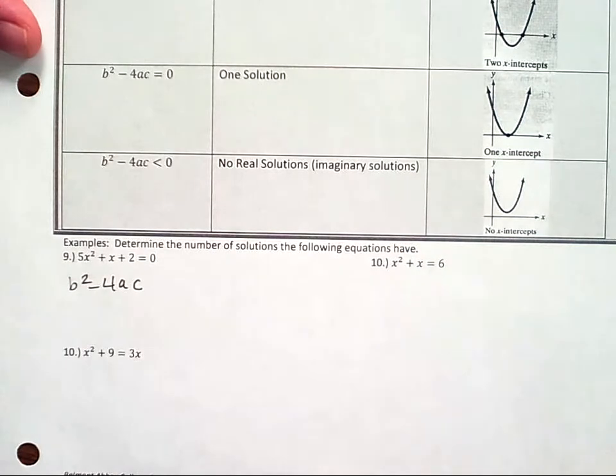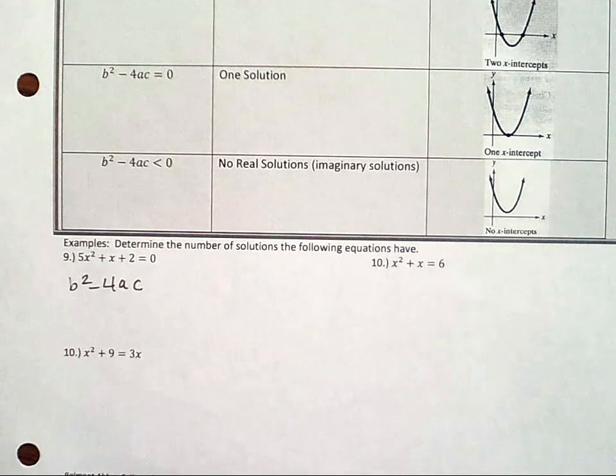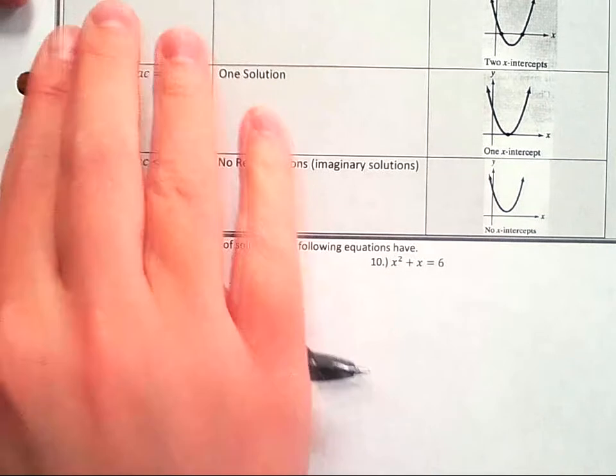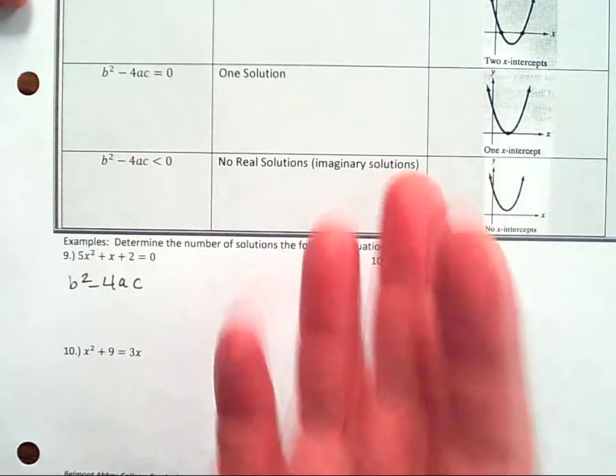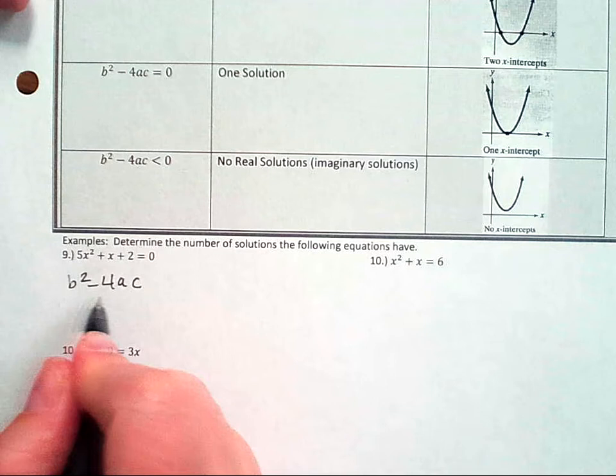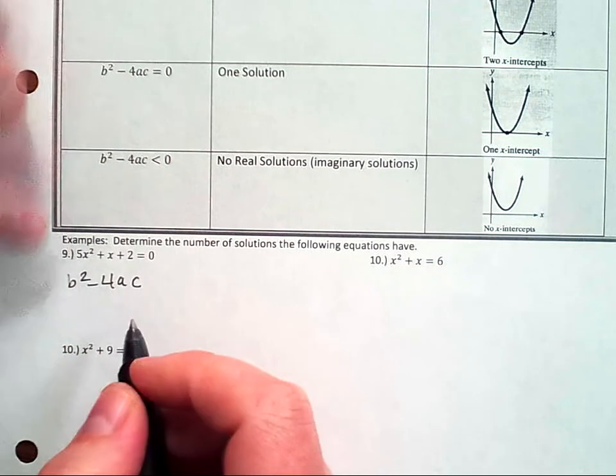If you want to go through and do the entire quadratic equation or factor, that's fine. But if you know whether the discriminant is negative, positive, or 0, then we can tell the number of solutions. Okay, so b squared minus 4ac.